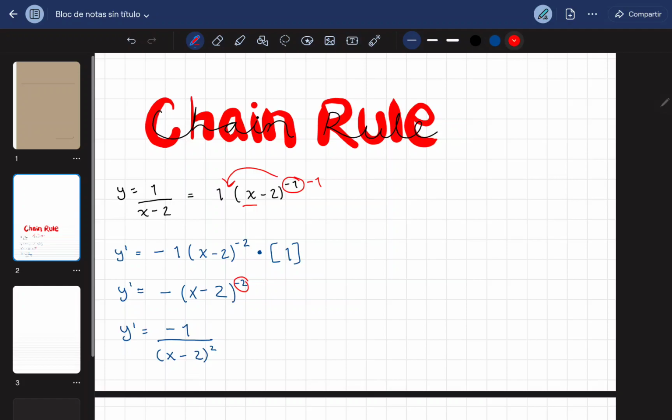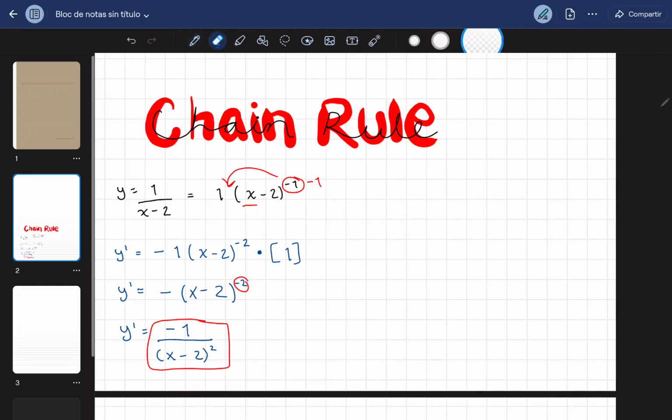And this in here will be our final answer. Okay, so now I want you to pause the video and answer this same exercise but using the quotient rule. Once you finish, raise your hand and show me your answer, and let's compare this chain rule versus the quotient rule when applying to a problem like this one.